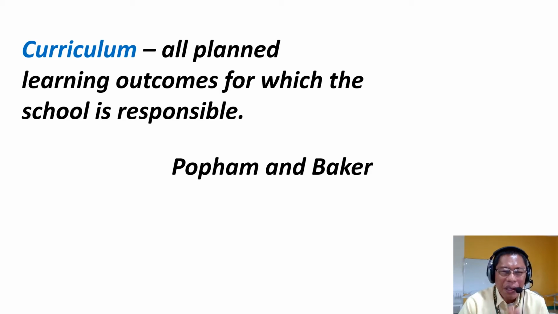When we speak of curriculum, the following elements are observed to be present, no? Based on the definitions. First, it is planned. There are learning outcomes, and the school is responsible. Meaning, the experiences should be under the guidance of the school. The school is responsible for whatever happens to the learners.